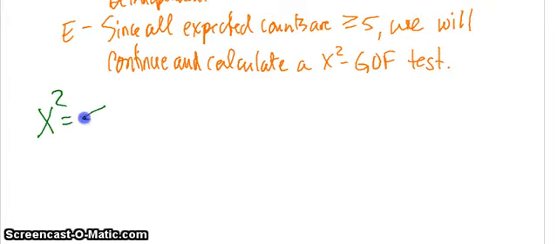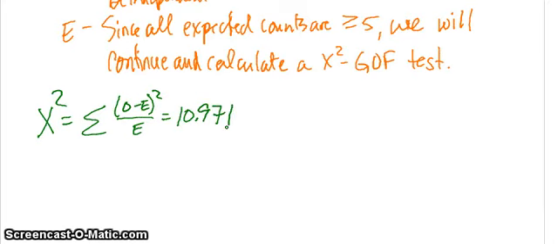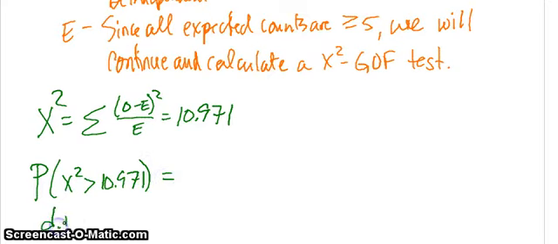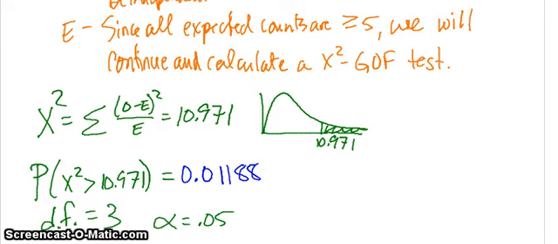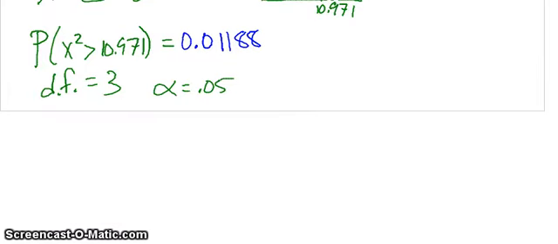So, my test statistic is the summation of... okay, we're looking at this, and when I calculate for my p-value, I got... and then money statement.